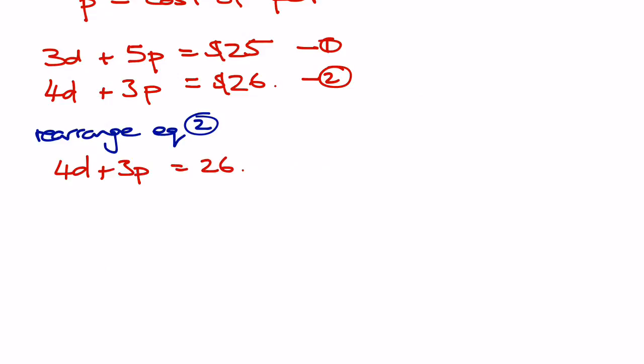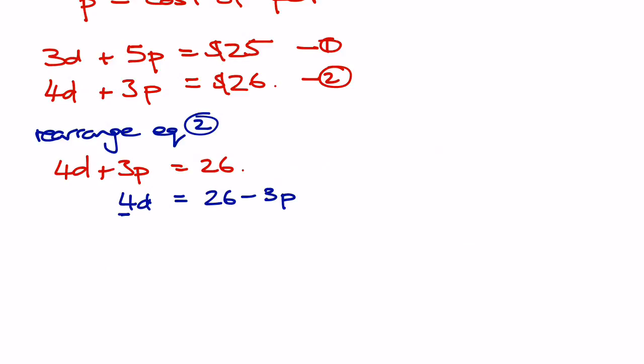To rearrange this one, we're going to attempt to get D in terms of P. So we can start off by subtracting 3P from both sides, which will leave us with 4D is equal to 26 take 3P.